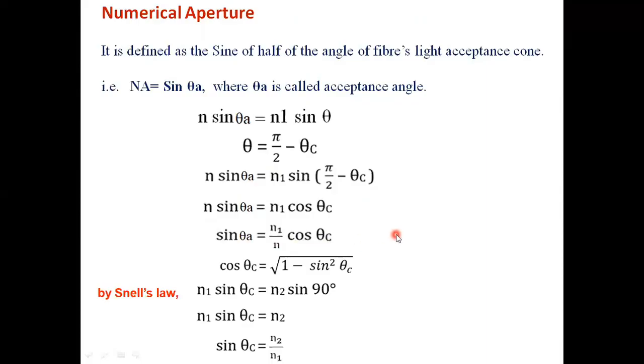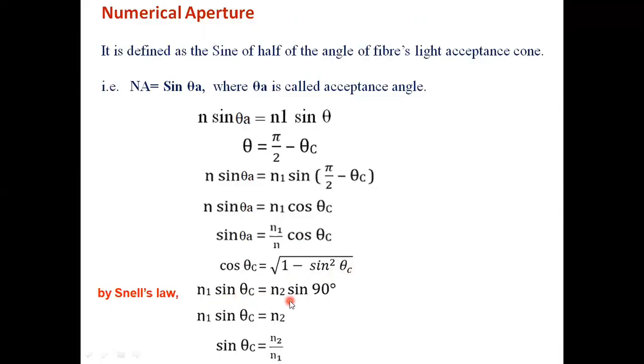As per the trigonometric identity, as we all know, sin squared theta c plus cos squared theta c equals 1. Therefore, cos theta c equals square root of 1 minus sin squared theta c. Then we can substitute the cos theta c in the above equations. As per Snell's law, n1 sin theta c equals n2 sin 90 degrees.